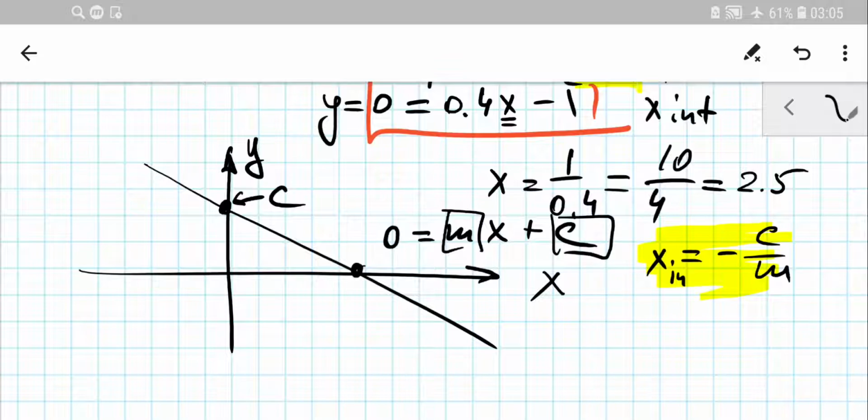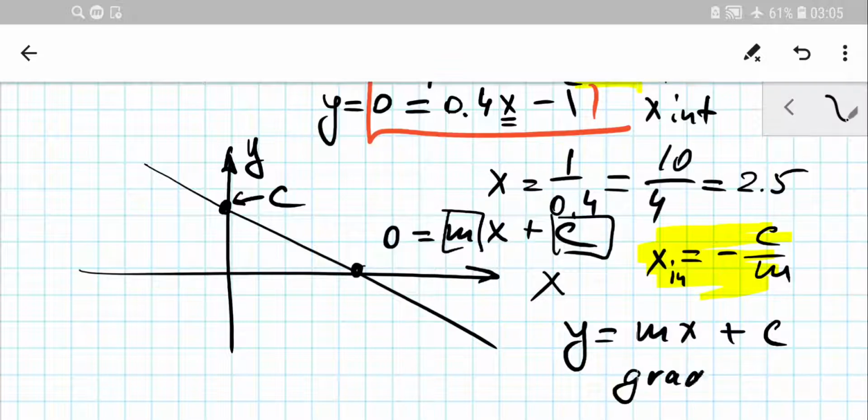So this form for the straight line is well known as the gradient-intercept form, because it defines the gradient and c as the y-intercept.